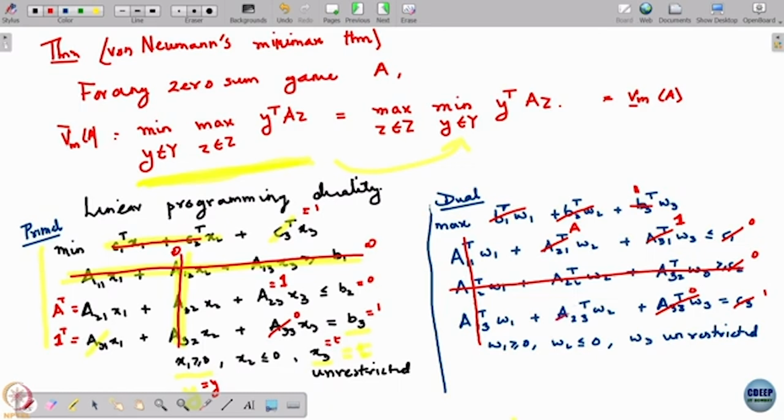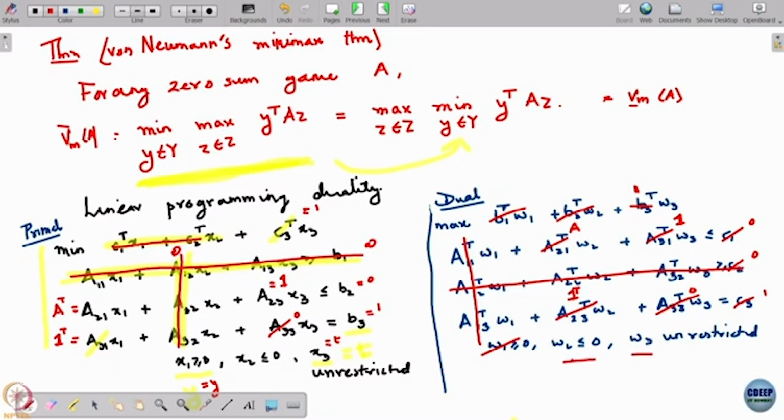So A23 transpose is a vector 1 transpose. Now, if you see here, all the coefficients corresponding to W1 have disappeared from the problem. So W1 is as good as not there. What you have is W2 and W3. W2 is less than or equal to 0 and W3 is unrestricted.